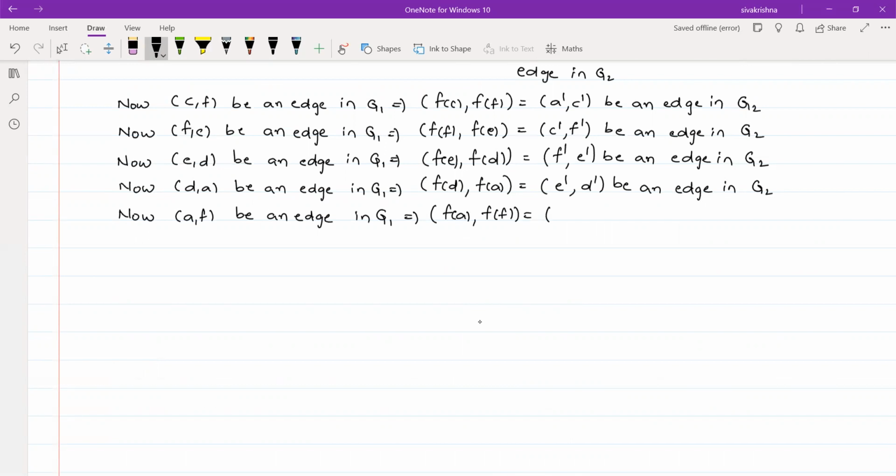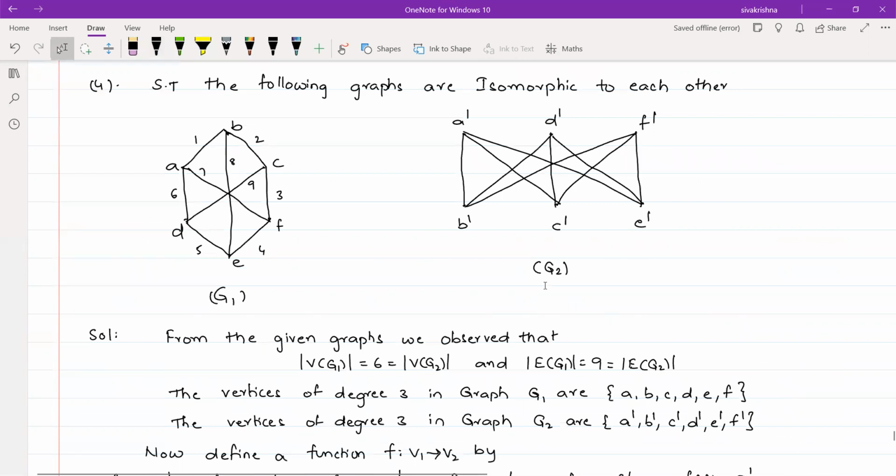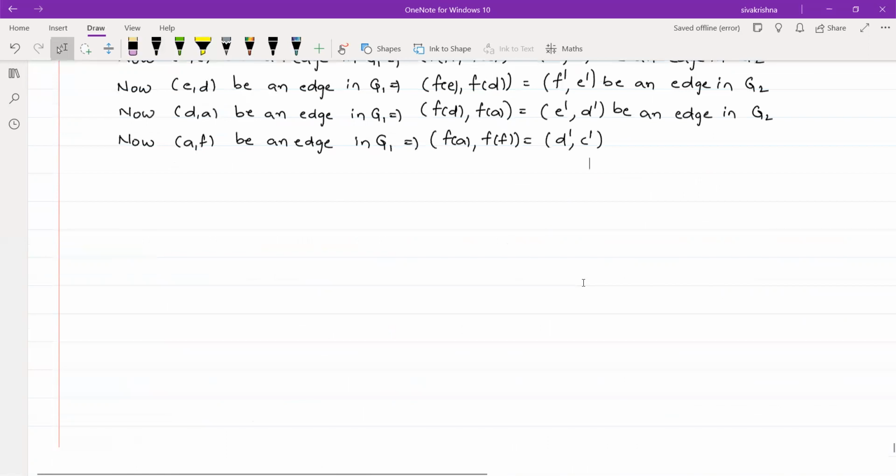So we selected the image of A as D dash and the image of F as C dash. Now we have to check whether there is an edge between C dash and D dash in graph 2 or not. Yes, I have an edge between C dash and D dash in graph 2. So C dash comma D dash is an edge in graph 2.